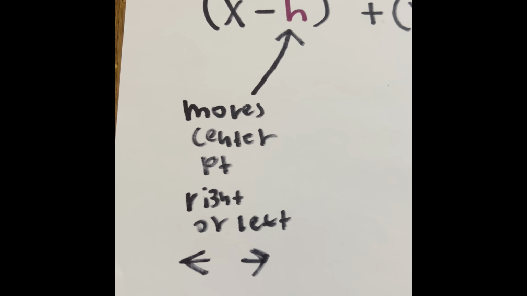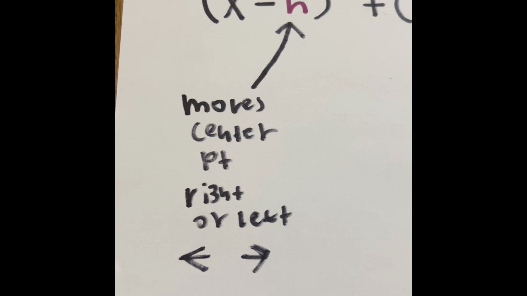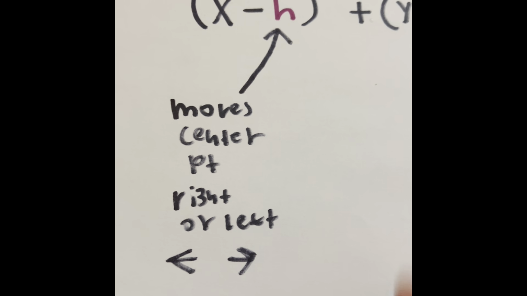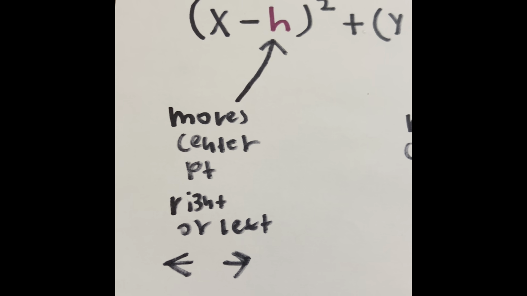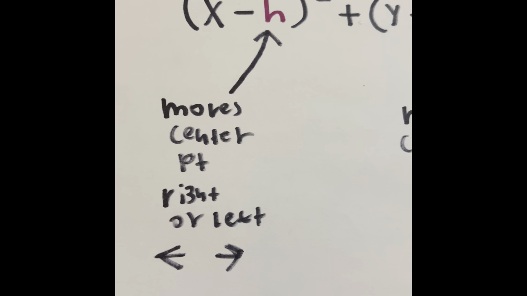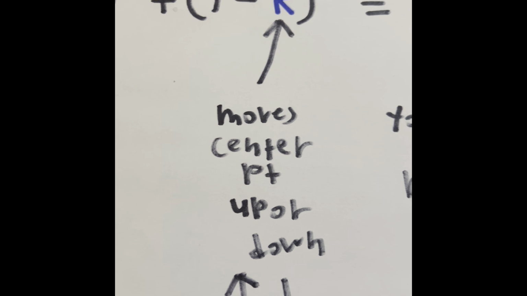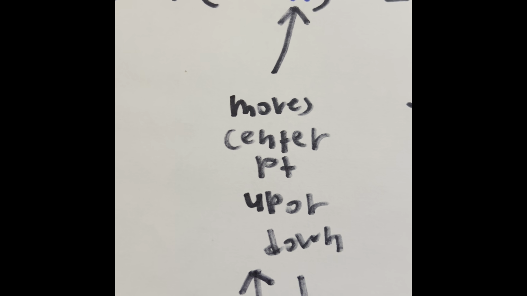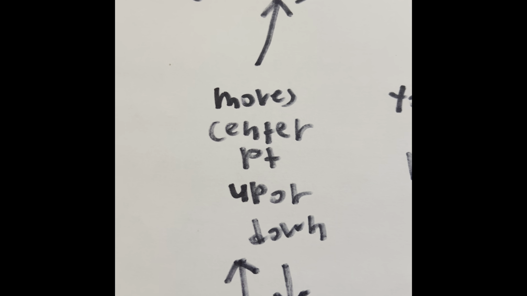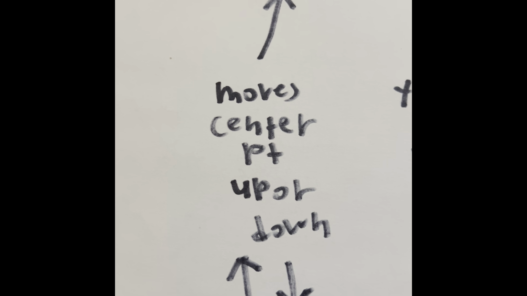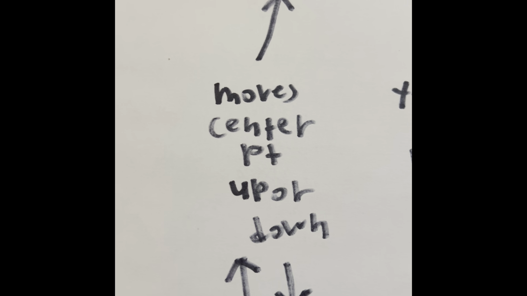So, if we go back, the letter h tells you that whatever you put in for that variable is going to move the circle left or right on the graph. If you take a look at the y portion, you have a letter k, and it's going to tell you to move the circle up or down, depending on what number you put in it.